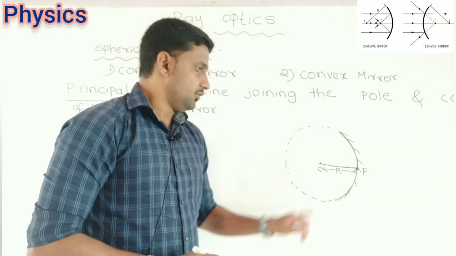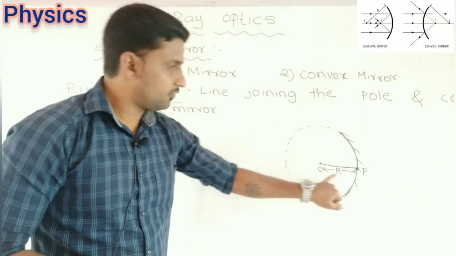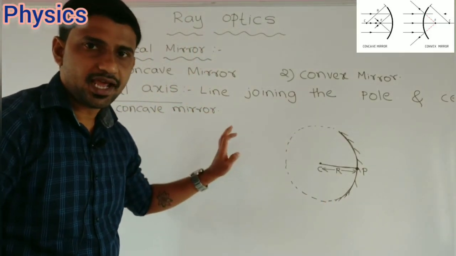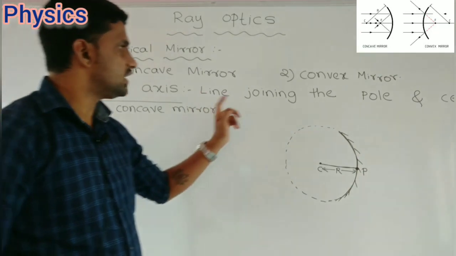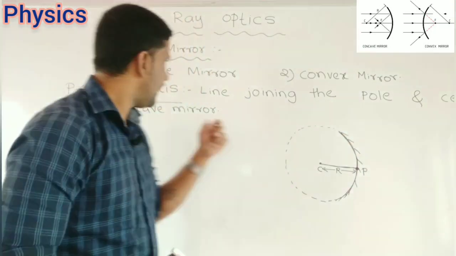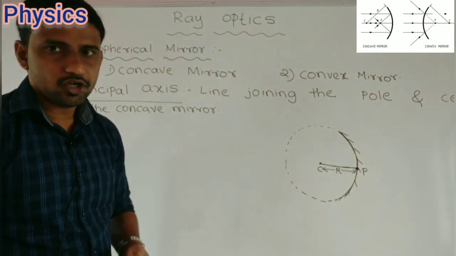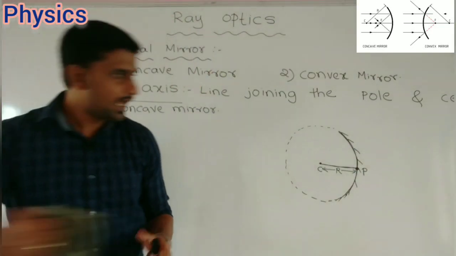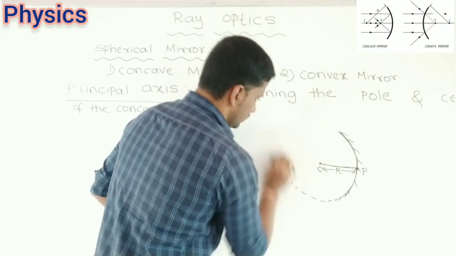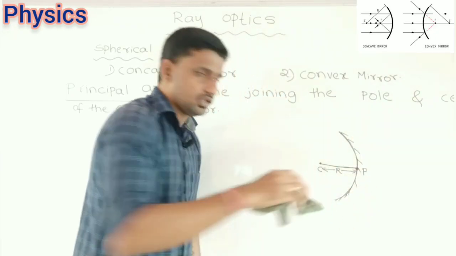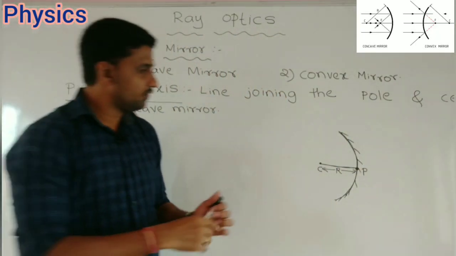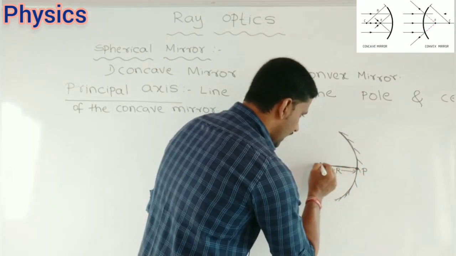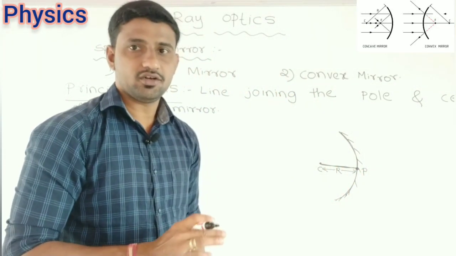That is called the principal axis of the concave mirror. So here we already drew one line from pole to the center. In the case of principal axis also we are telling that it is the line joining the pole and the center of the concave mirror. Then what is the meaning of that? See here, if you take this as a concave mirror, I am drawing one line from pole to the center, and this line has no limit.